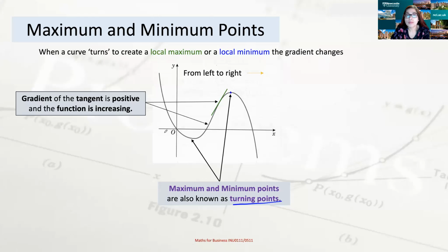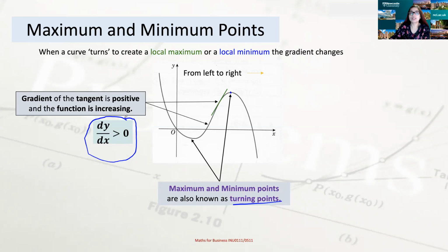So when you move from left to right along the x direction, the gradient of the tangent is positive and the function is increasing. Okay, and then what do I mean by that? It is dy by dx is greater than 0.